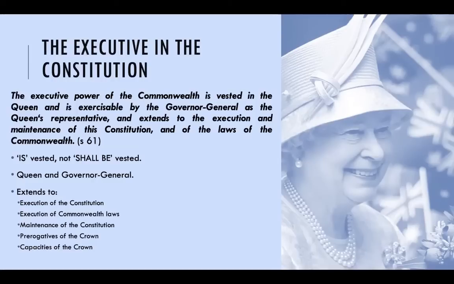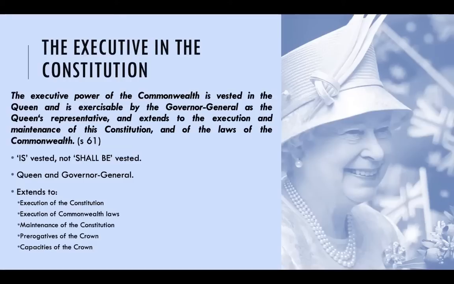So the expression there implies that all of those powers that existed under the common law would continue, and that executive power, all those powers, are vested in the Queen and are exercisable by the Governor-General.